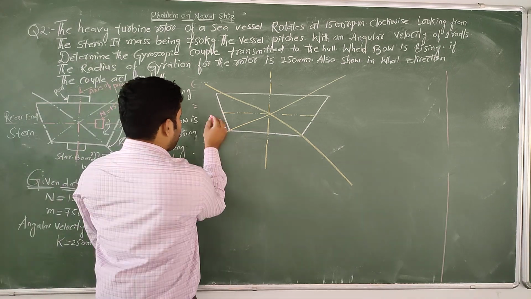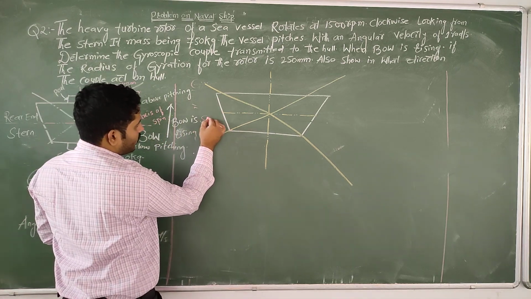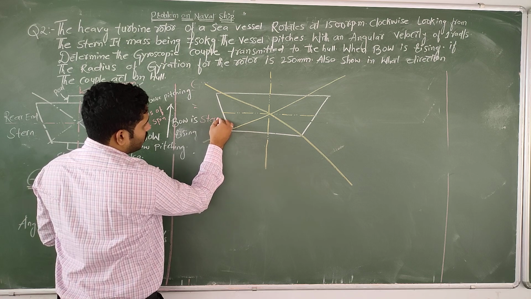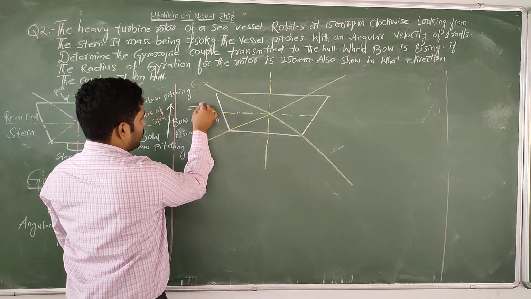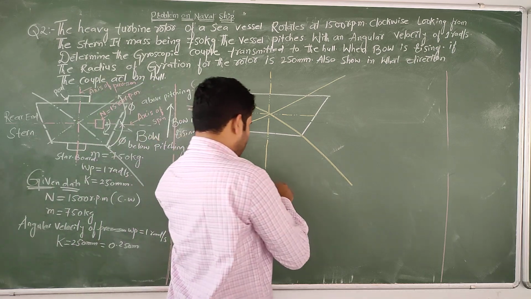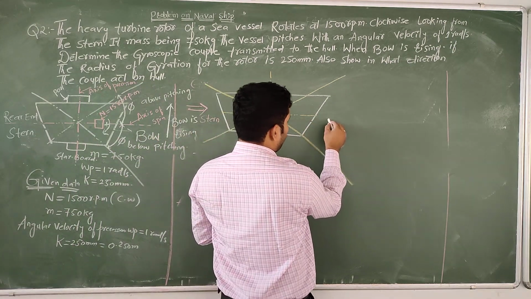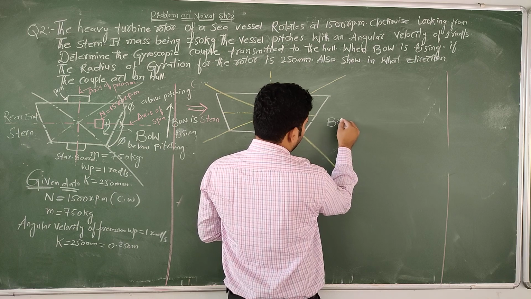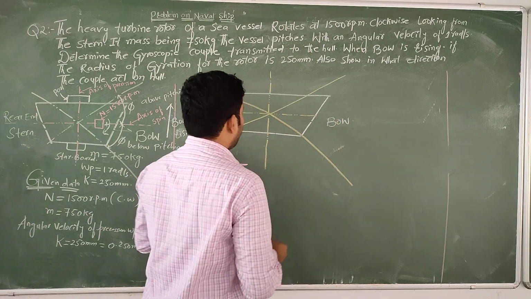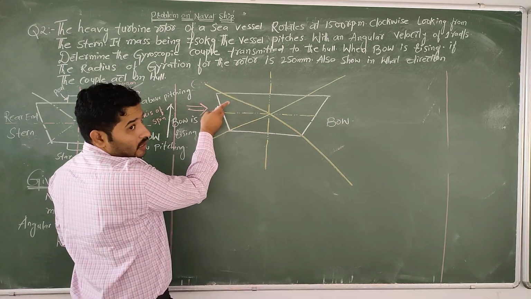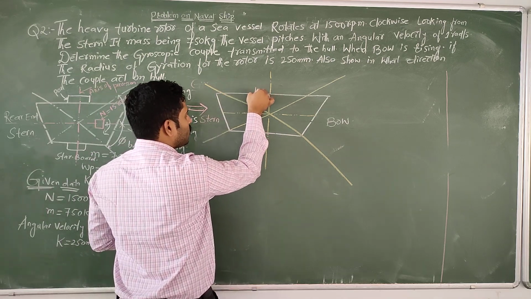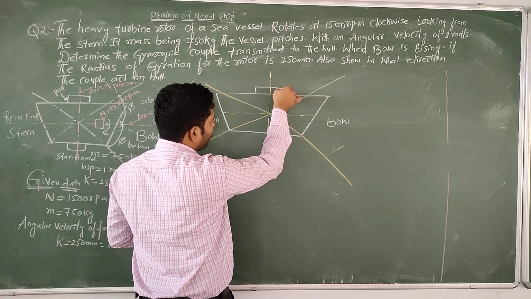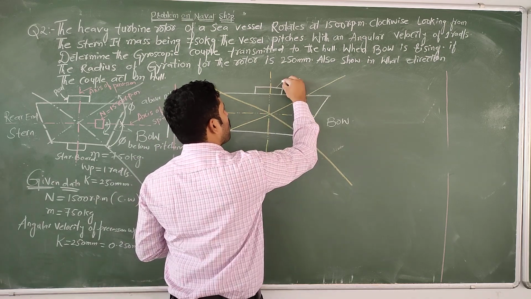I will represent here that the observer is observing from the stern. The front end of a ship we can say as bow. The left hand side of the observer, the motion of the ship we can say as port.